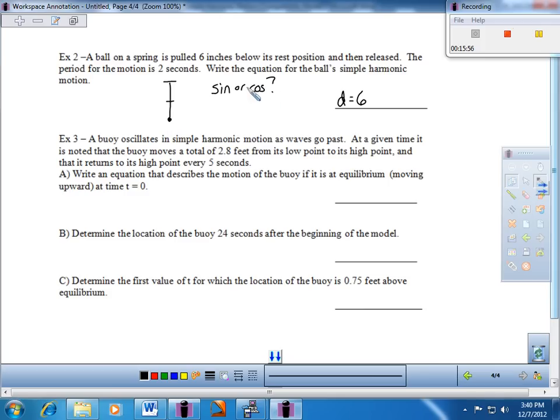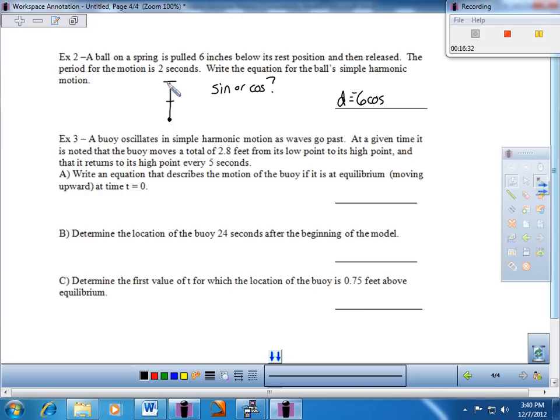Flipped cosine means throwing the negative out in front. So A can be negative, and in this case, I would certainly encourage us to include it. Starting at the bottom of the path, it looks like flipped cosine to me, and then it's going to go up and down from there.